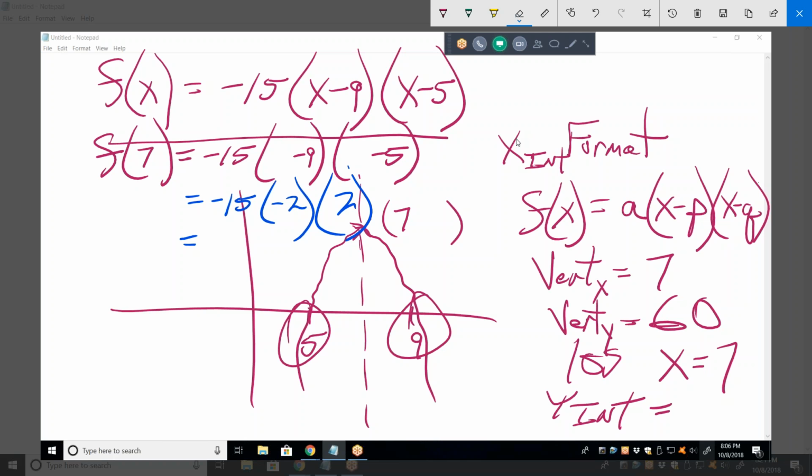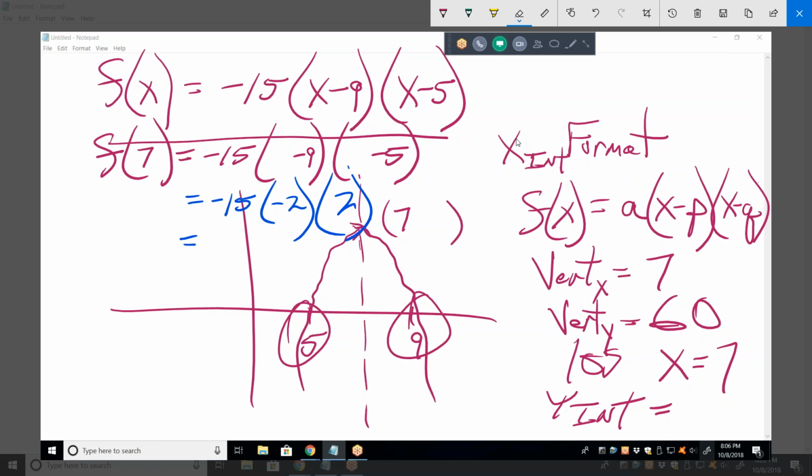I'm a little surprised they haven't asked you for the x-intercepts on these problems. When they give you this format, they don't need to ask for it because it's staring you right in the face, 9 and 5. But on the other ones, it would have been a little harder math to figure out the x-intercepts than the y-intercept.